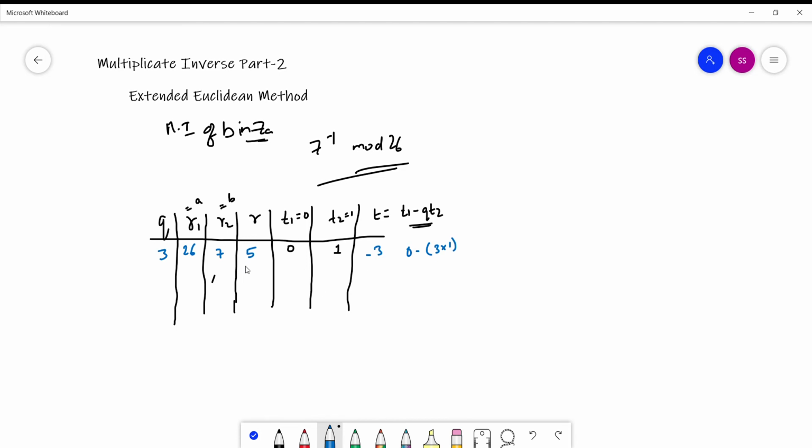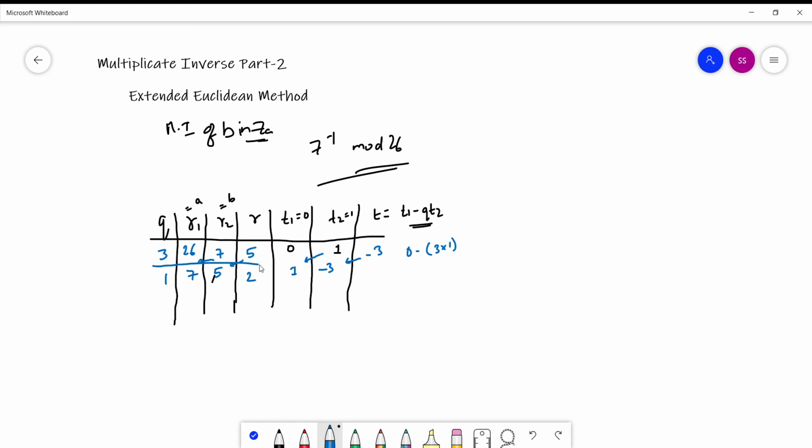Now I will shift R2 to this position and the remainder to this position, so this is 7 and this is 5. Similarly, I will shift T2 and T, so this is 1 and this is minus 3. Now if you divide 7 by 5, you will get 1 as quotient and 2 as remainder.